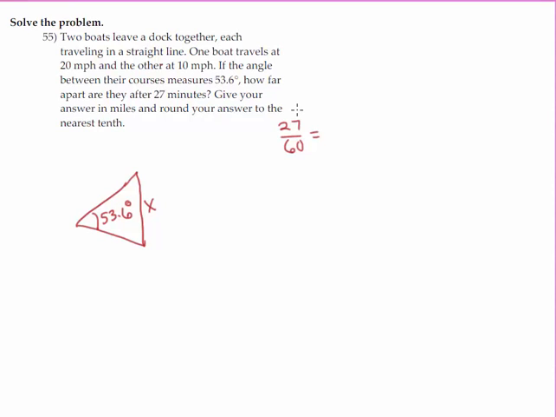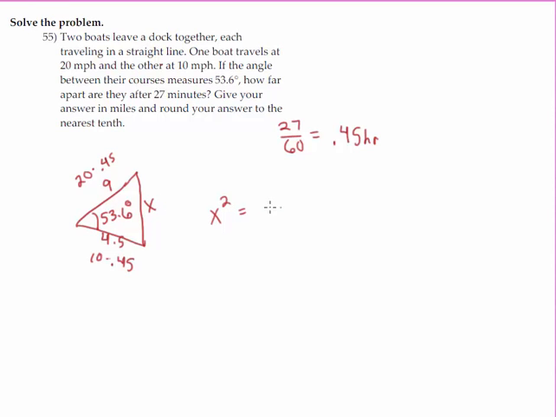So that means doing 27 divided by 60, which is 0.45 hours. So one side will be 20 times 0.45. The other side will be 10 times 0.45. Well, 10 times 0.45 is pretty easy. That's 4.5. 20 times 0.45 then should be 9. How convenient. And then we'll use the law of cosines, because this is side angle side, to find our third side.